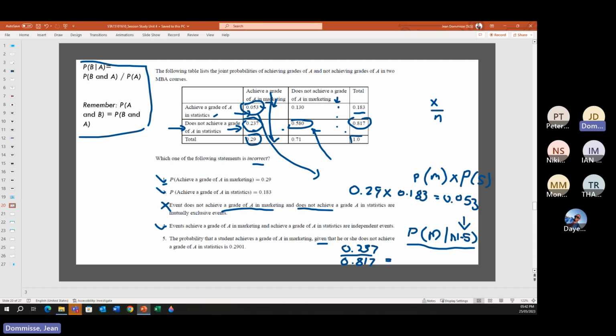Hopefully when I divide those two by one another, we get 0.2901. So 0.237 divided by 0.817 gives us 0.2901. And again, that is what they have said it should be.